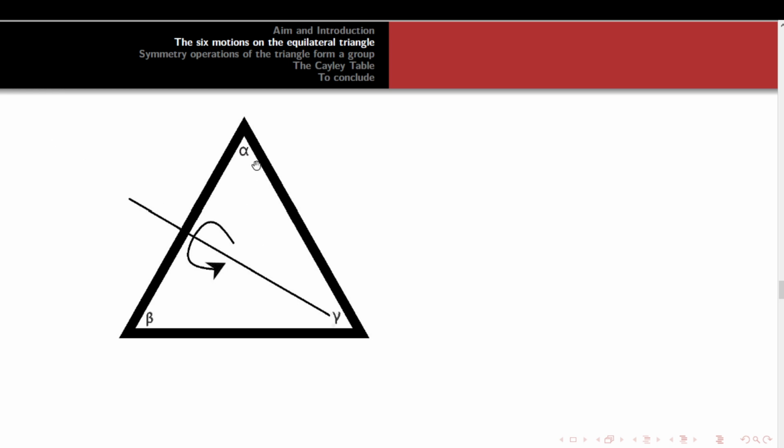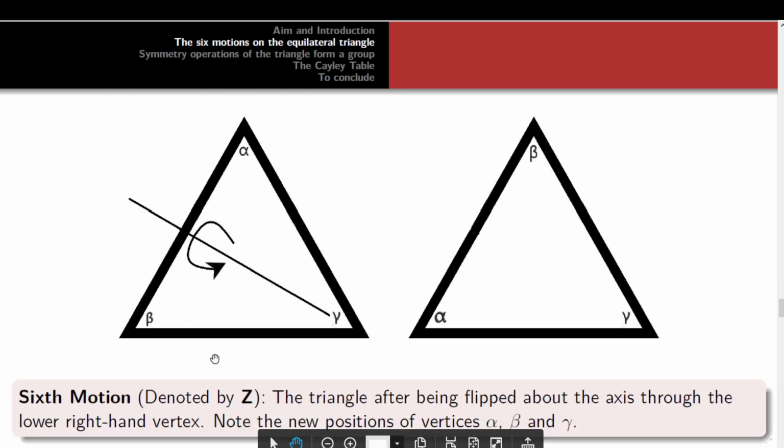You're going to flip this alpha and beta, and you know that the gamma will remain as such, and the alpha and beta will be flipped. So instead of alpha, you have beta here. Instead of beta, you will have alpha here. So you can call it as a sixth motion, and it is denoted by capital Z. So this is formed by the triangle being flipped about the axis through the lower right hand vertex, and we have noted the positions of the vertices alpha, beta, and gamma.